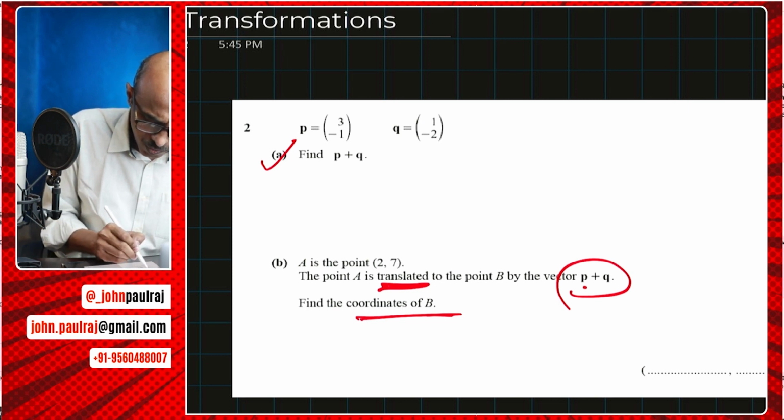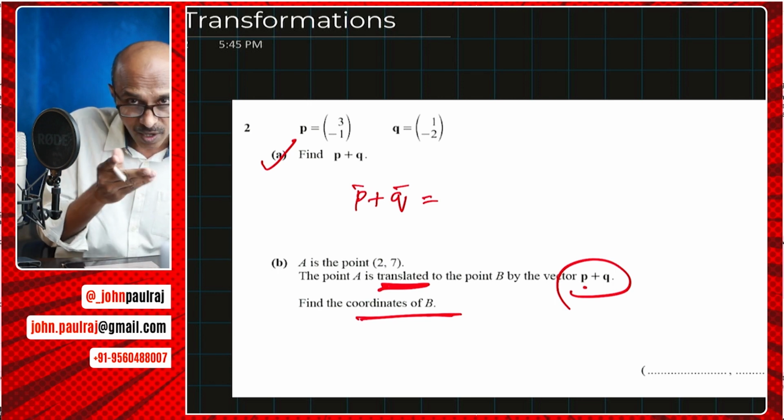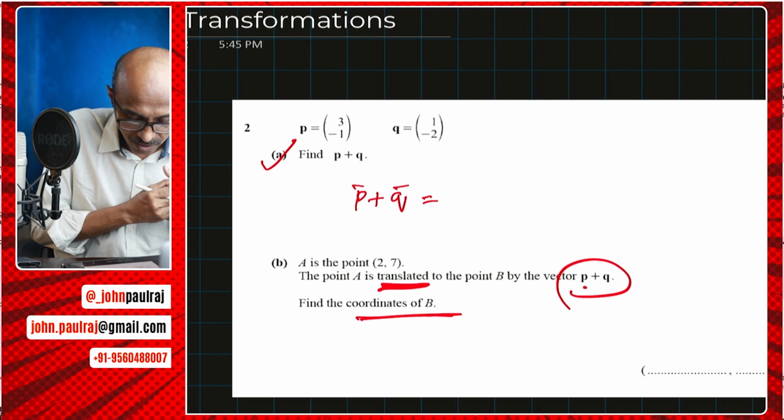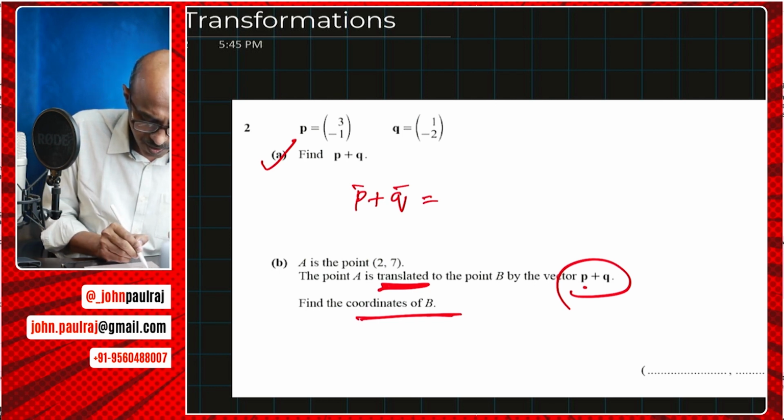P bar plus Q bar should be equal to, and please, if you're writing this, especially in paper 4, make sure that you're writing the bar. We have to do some kind of review, I'll announce that, for paper 4, where the notations will be important. Okay, P bar plus Q bar is 4, and -1 and -2 should be -3. That's P bar plus Q bar.